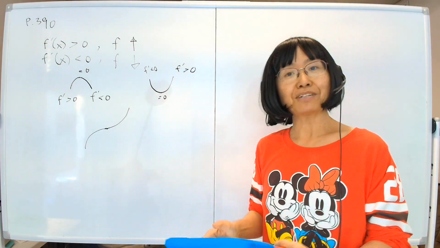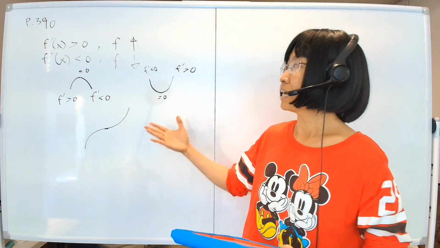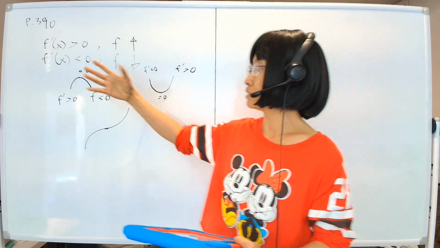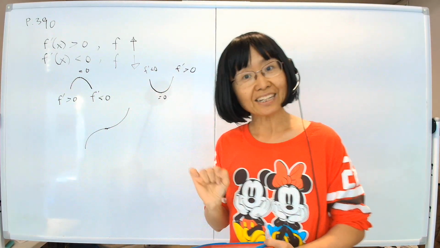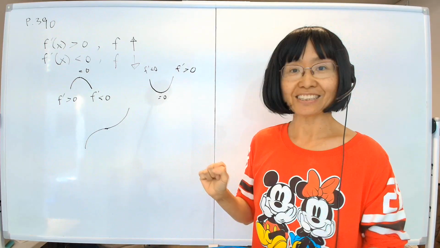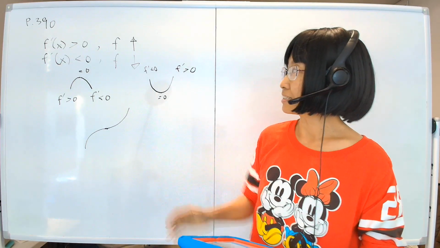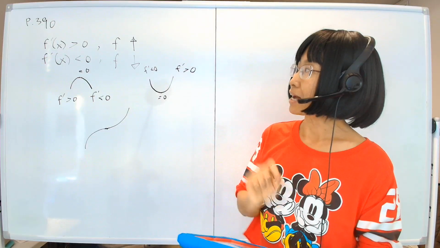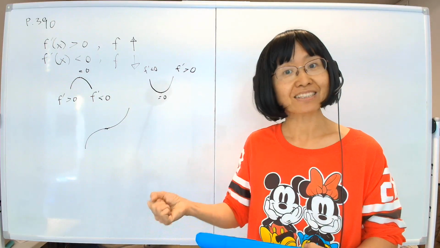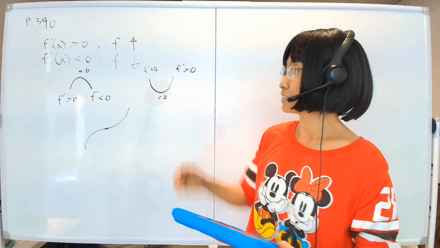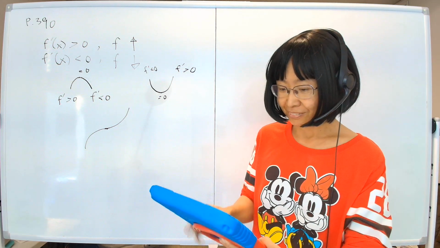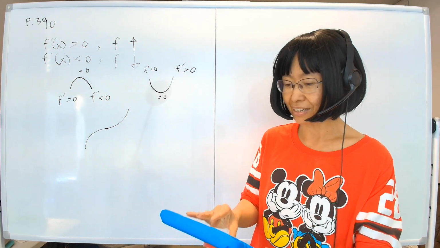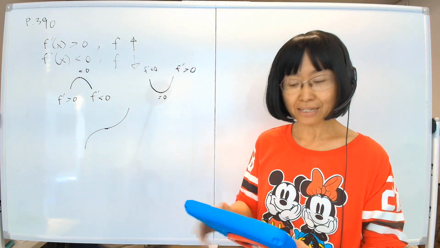The reason we do this is, first, it gives you a feeling of what the derivative means, and secondly, it's tradition. The first derivative test was designed back in the good old days when there was no graphing calculator. That was just about the only way you could know if something is a local maximum.